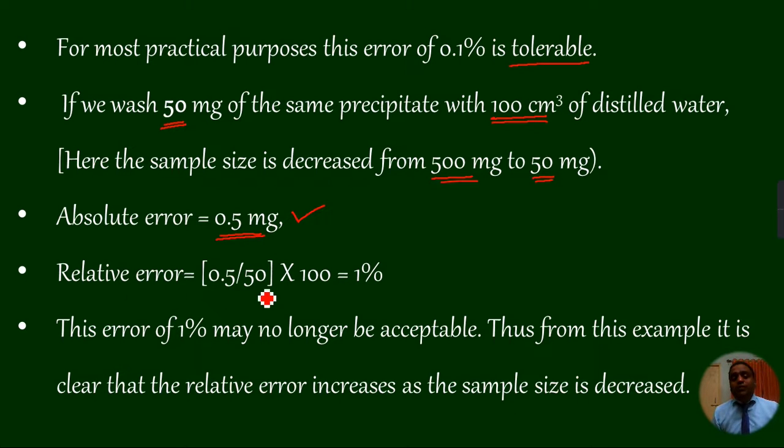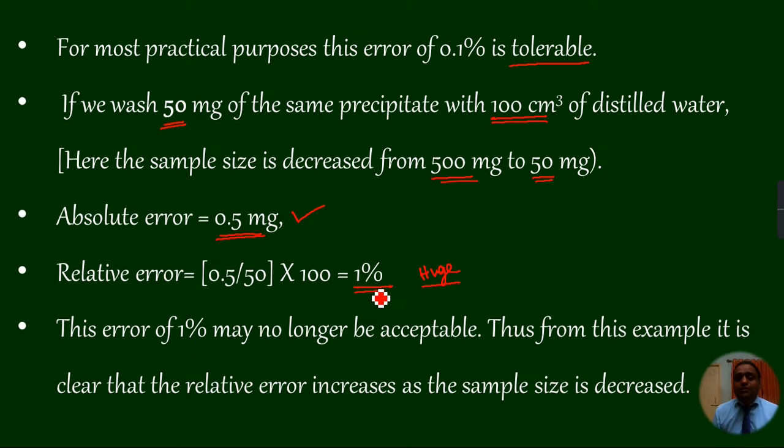But the relative error will change because the sample size is decreased in this case. So relative error is 0.5 milligram, that is absolute error, divided by true value into 100, so you will get 1%. Now this 1% is huge. This relative error is huge and you cannot accept it.